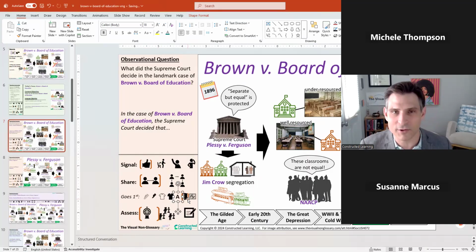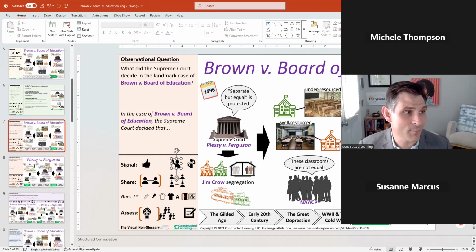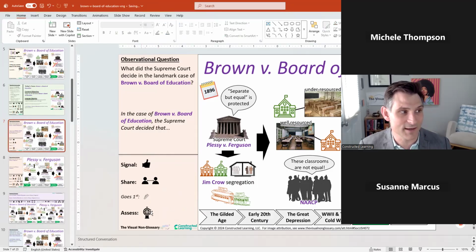But what I often encourage teachers to do is, instead of using brackets, to start deleting things and make it so that there's only going to be one symbol on here, and they're going to be able to refer specifically to that as saying this is what our structured conversation is going to look like. Right. But yes, I love your idea of having a completely separate poster, or having things displayed on a flip chart that they can refer to.